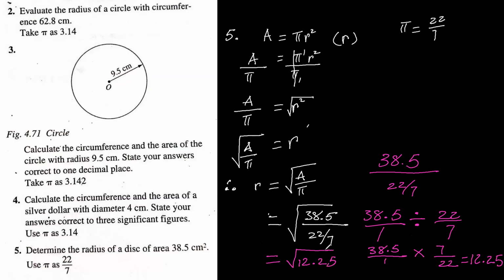Jada? Jada, are you hearing me? Jada got knocked out? I'm calling you because you stopped at 12.25, and I'm saying that you had to work out the square root.